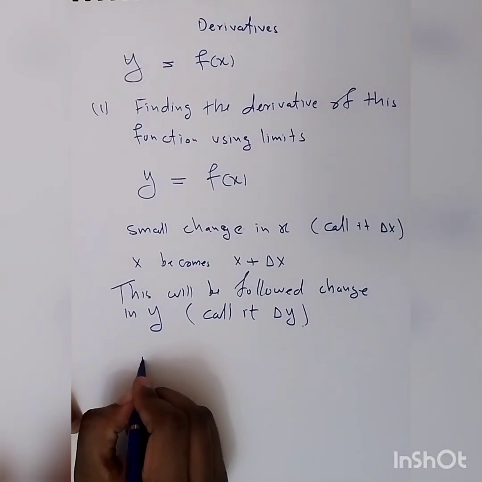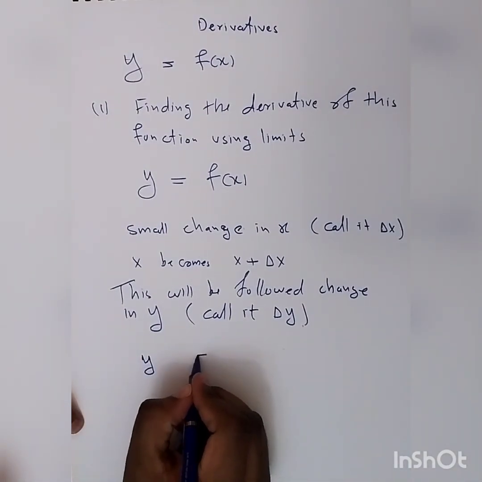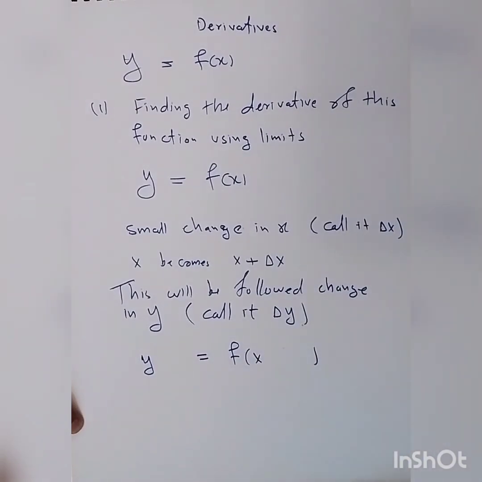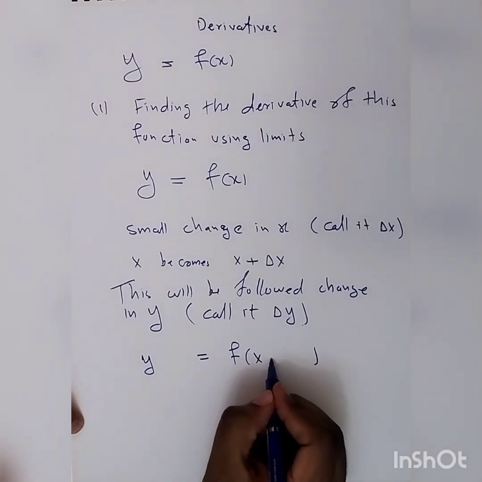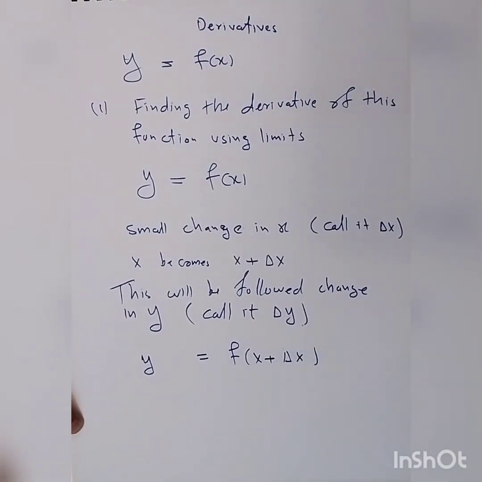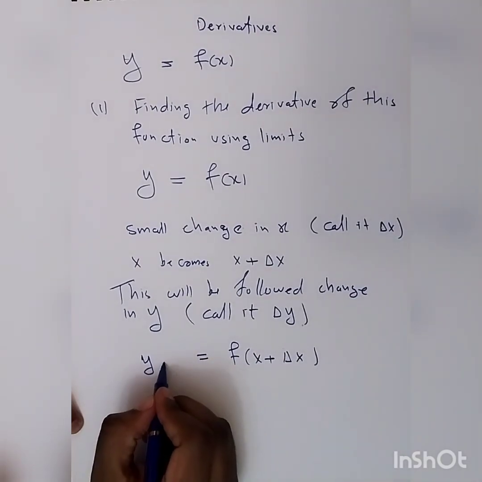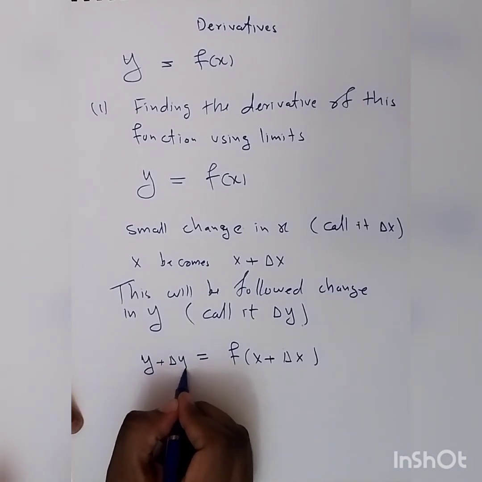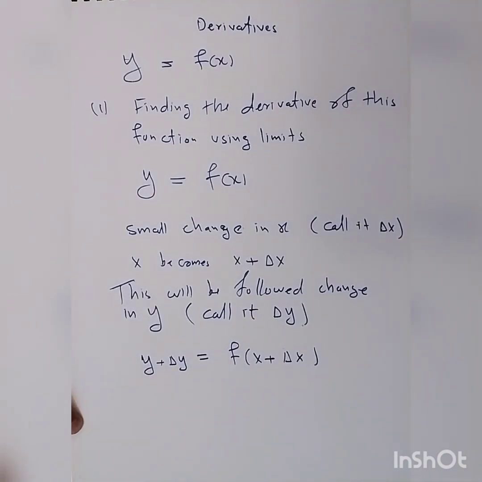So we can write this function as follows. Previously we have y equal to f of x. If x increases or decreases by a small amount delta x, then y would also change, so y would become y plus delta y.